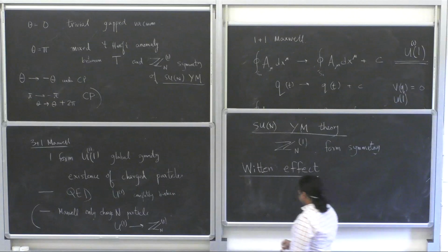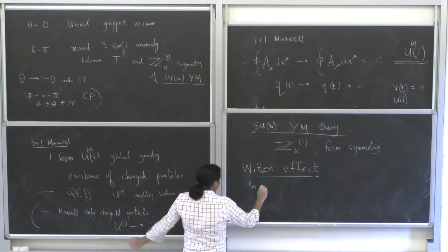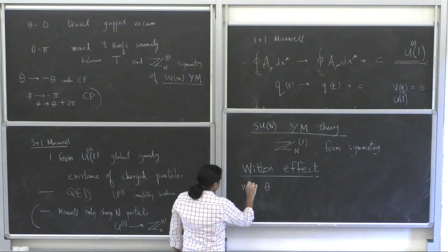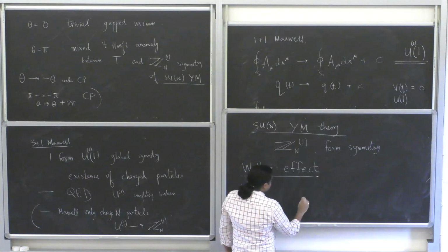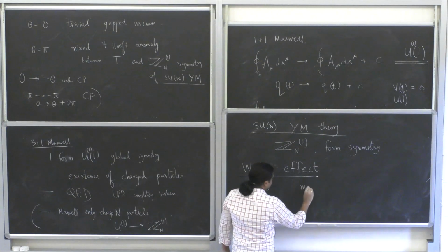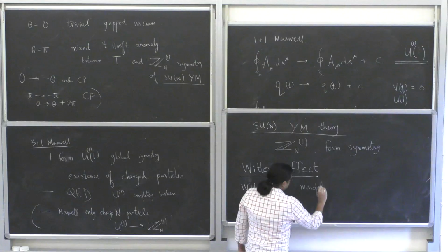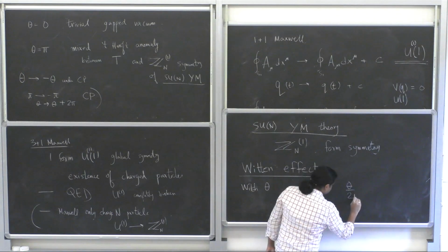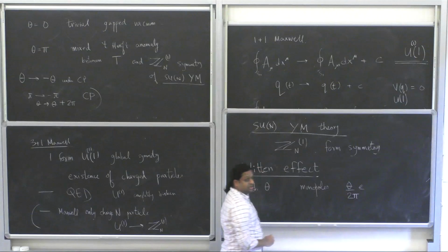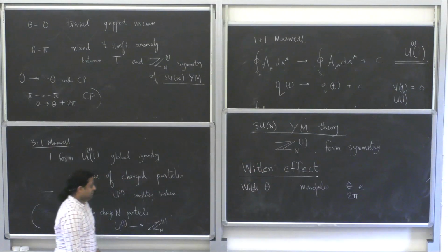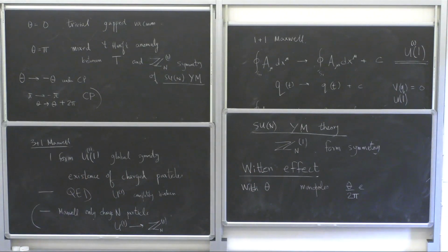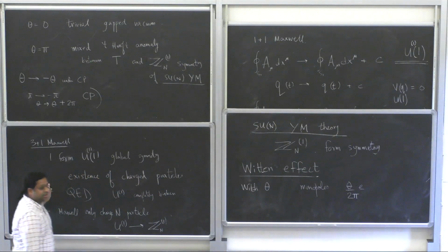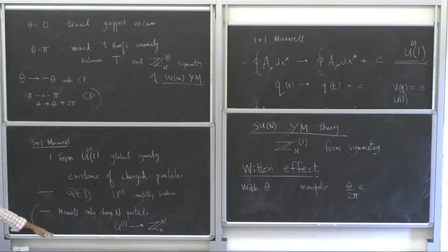What we said was that in the presence of theta for the U1, magnetic monopoles pick up a charge, which is theta over 2 pi times the fundamental electric charge, right? So let's say you started with a U1 theory which had no charge 1 particles, only charge n particles.